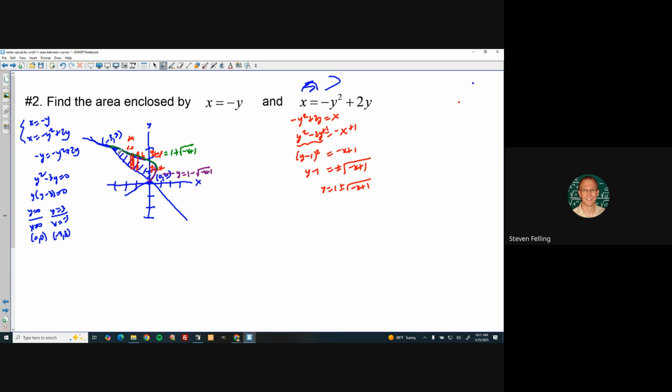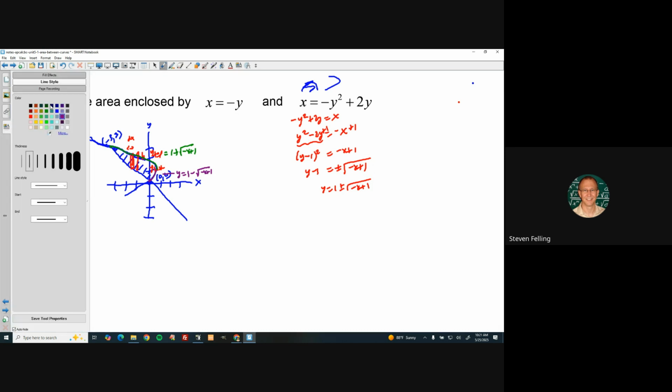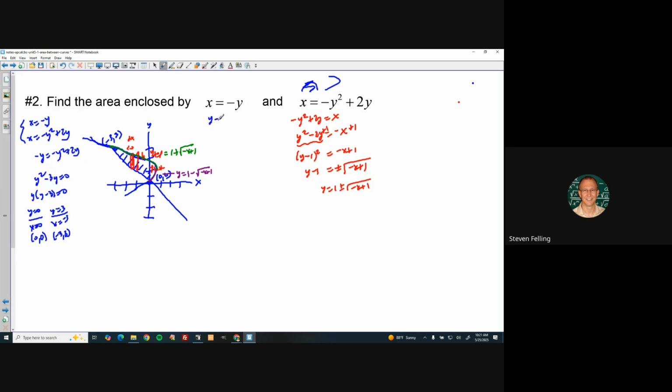Okay, the other curve is not as bad to solve for the other variable. If x is equal to negative y, then that means y is equal to negative x. So that's pretty straightforward. This y would be equal to the negative of x. Okay, so now we have y in terms of x.